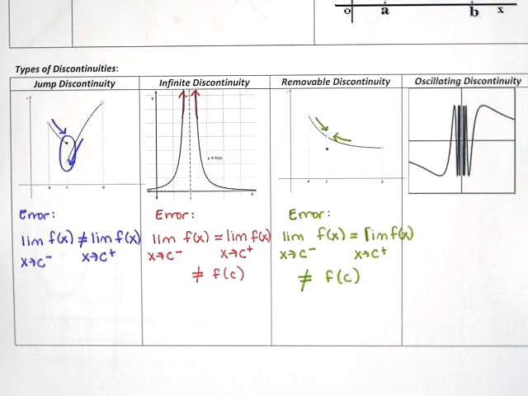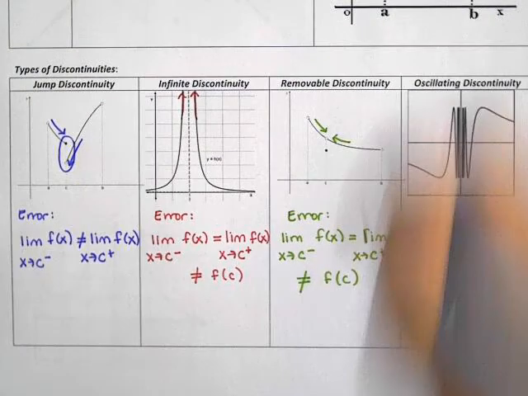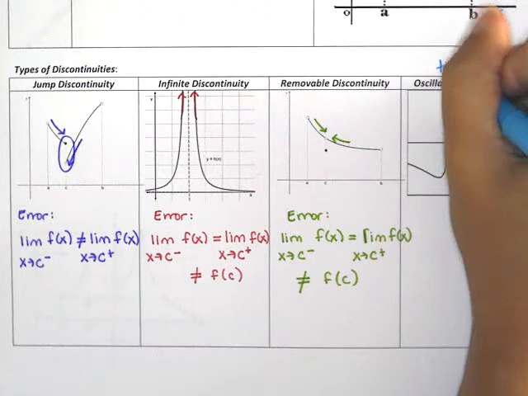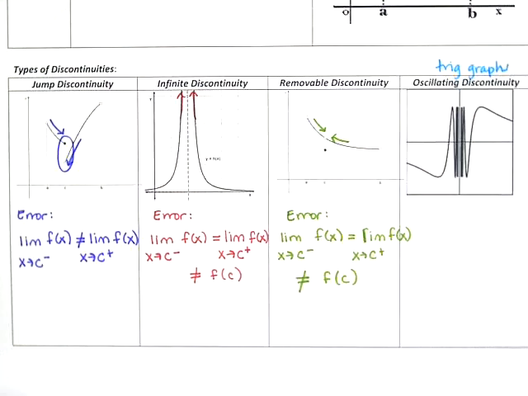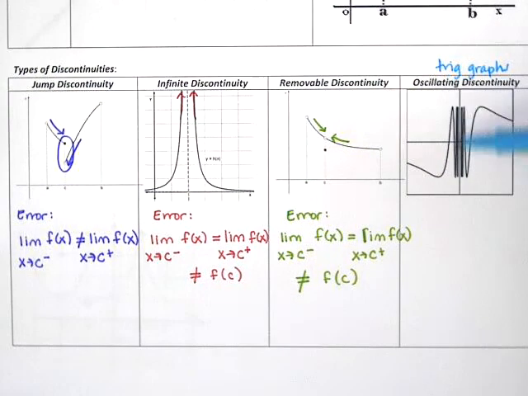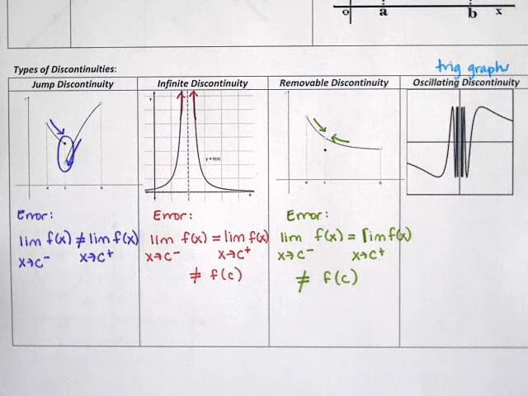And the last kind of discontinuity is what's called an oscillating discontinuity. You only see these with trig graphs, and they don't come up very often. But basically what happens here is just like a trig function, you're going up, down, but you're going up, down so fast that the left side limit and the right side limit never agree.